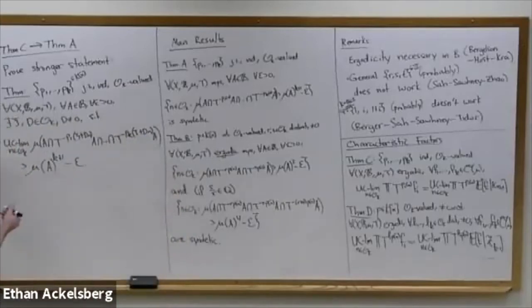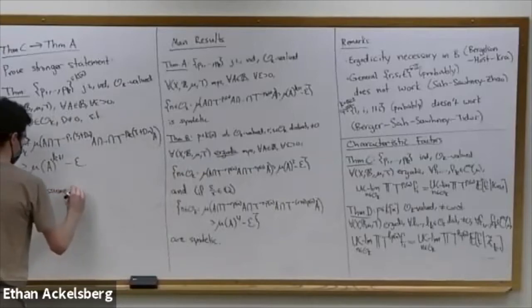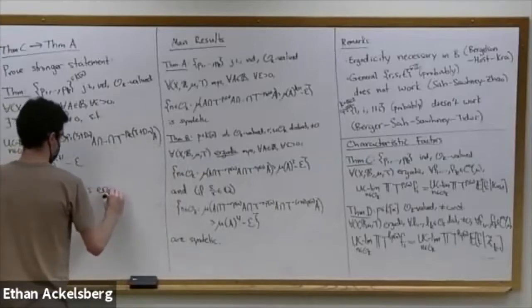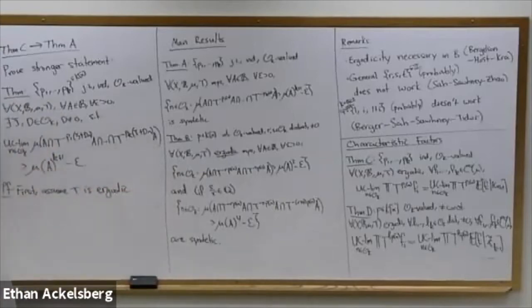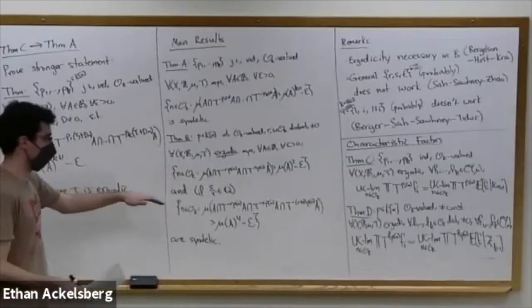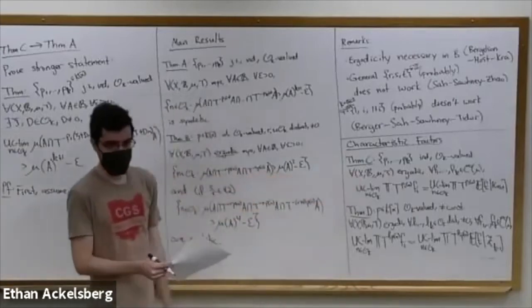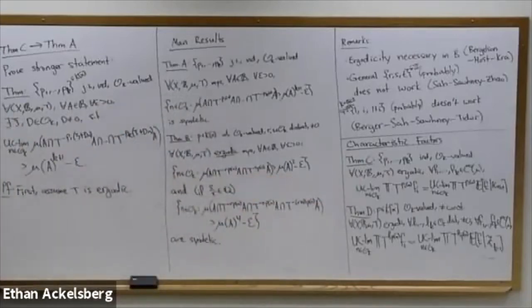So let's prove this. We're going to start with the ergodic case, and then once we do the ergodic case, we'll do something with ergodic decomposition. If it's ergodic, then we have theorem C ready to use. What we're going to do is approximate the rational Kronecker factor by some particular finite rotation.